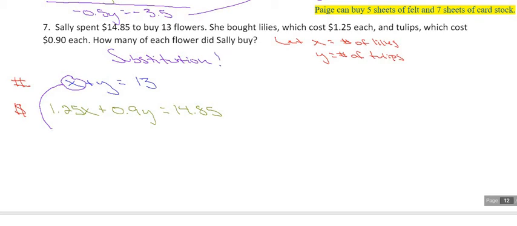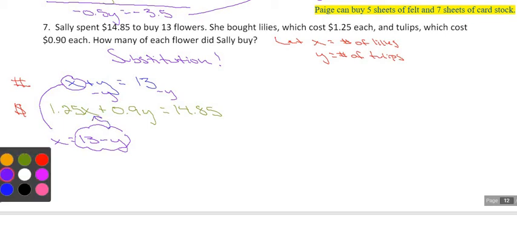If I do that, I would need to subtract y from both sides. So that means x is equivalent to 13 minus y. So we need to now take 13 minus y, substitute it in for x in our other equation.